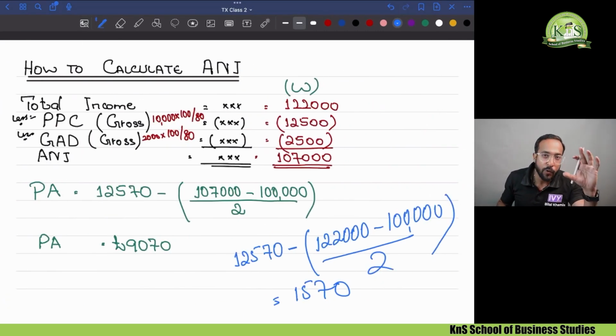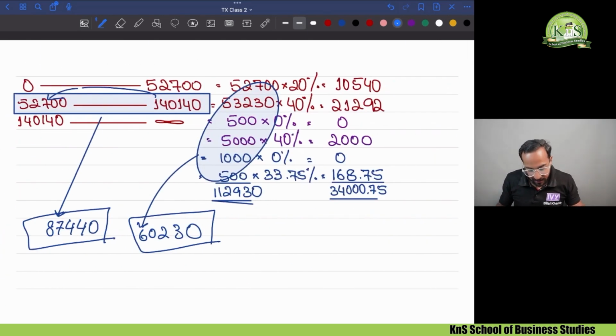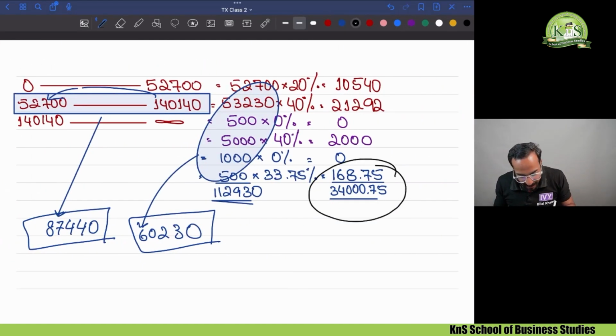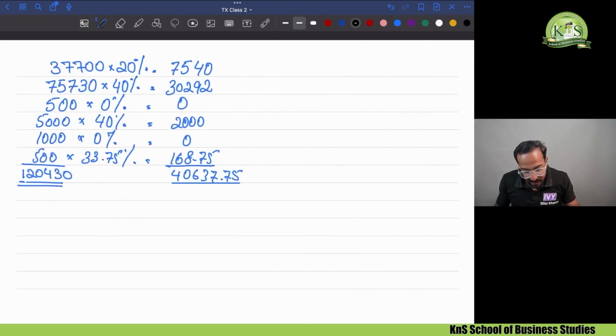If we contribute in PPC and if we don't contribute in PPC, what is the tax saving, right? If I contribute in PPC, my tax liability is 34,007.5. If I don't contribute in PPC, my tax liability is 4637.75.